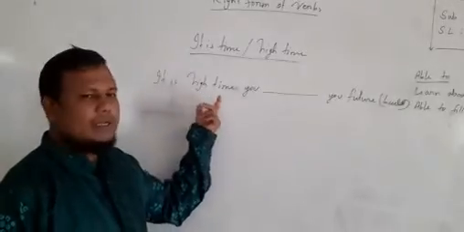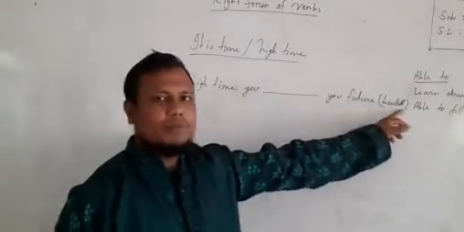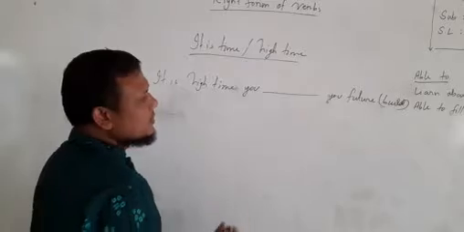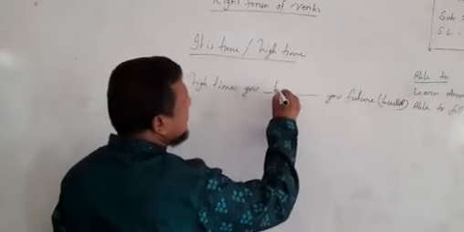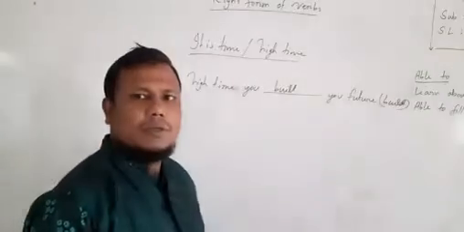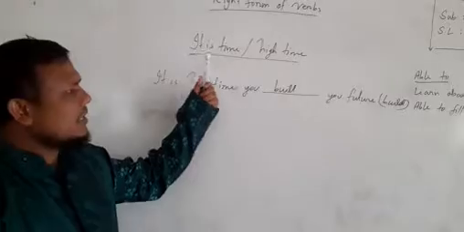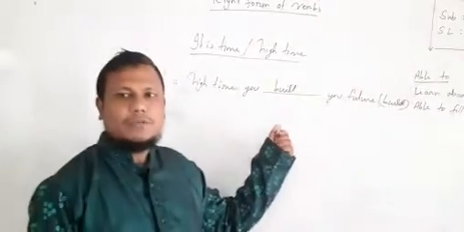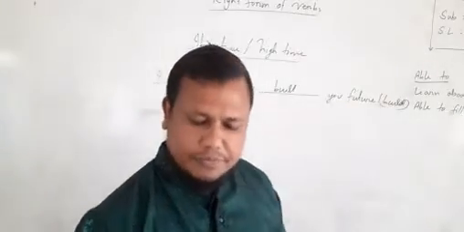High time and time will take past form of verb. So we use past form of build, I mean B-U-I-L-T, built. So I can say high time or time always take past form of verb.